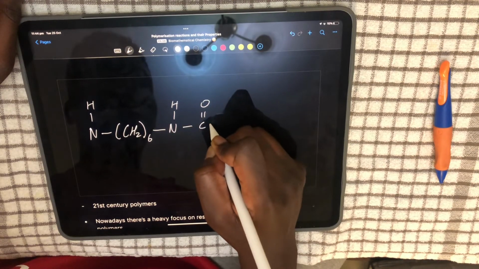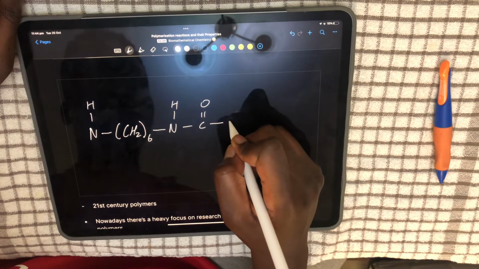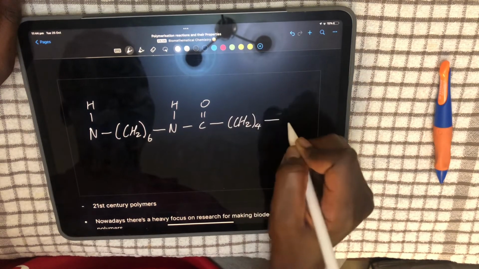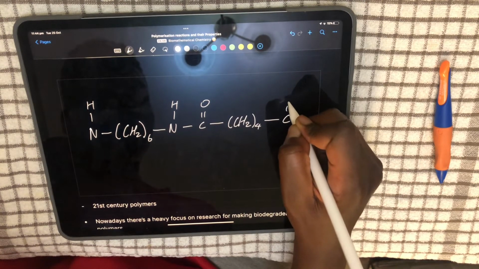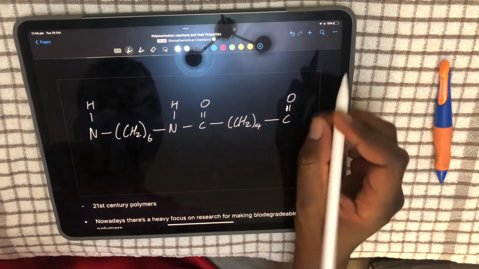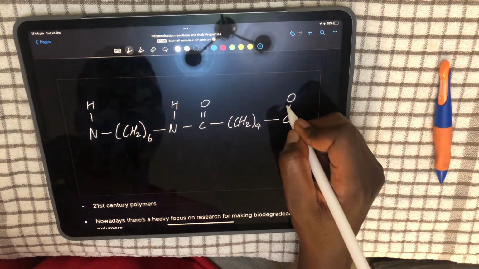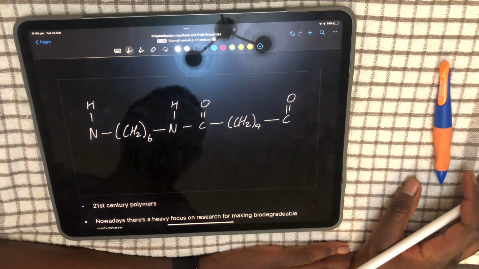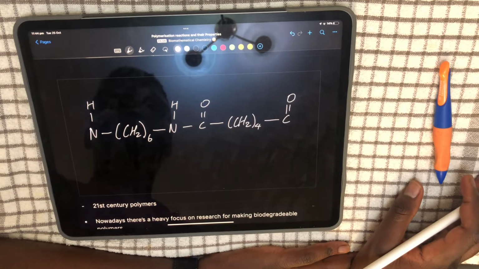Peptide bond. Or for example, they say, draw the structure of nylon after it has been hydrolyzed.